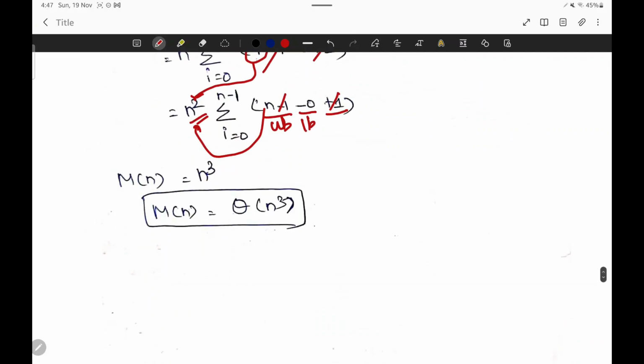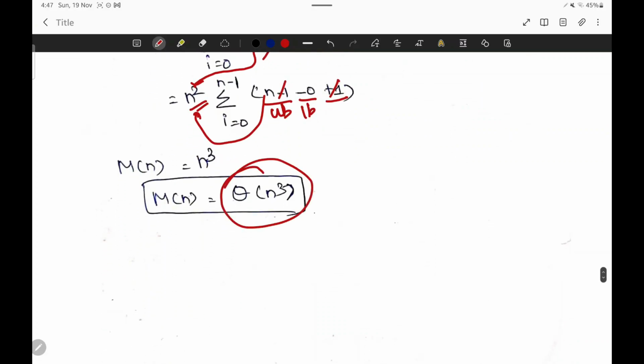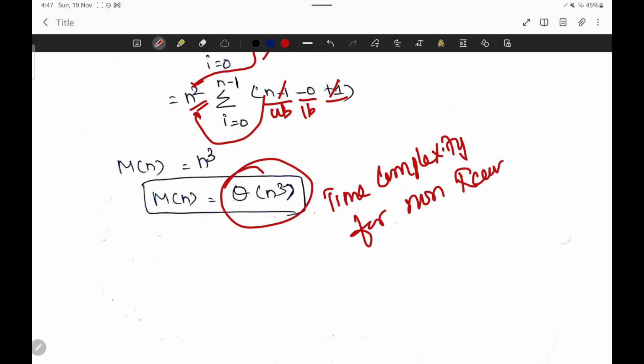So n squared into n is n cubed. So big O of n cubed is the time complexity for this non-recursive algorithm. Okay, thank you.